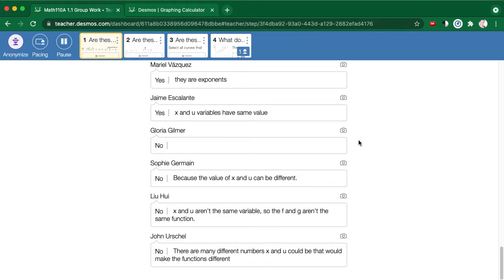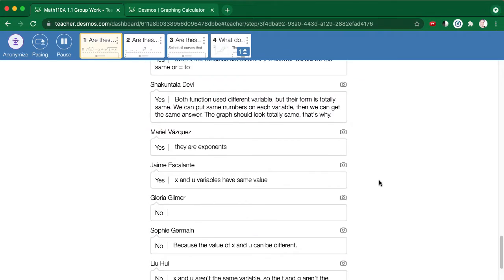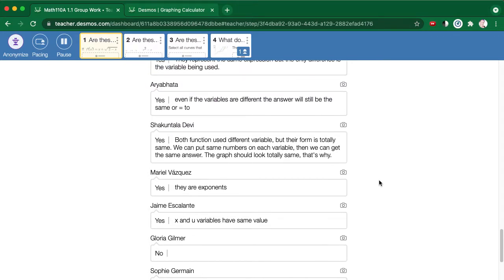So I think one thing that we discussed in class is that this begs for a little more explanation of what it means that the input variables are named something different. They use a different variable, but the form is totally the same.